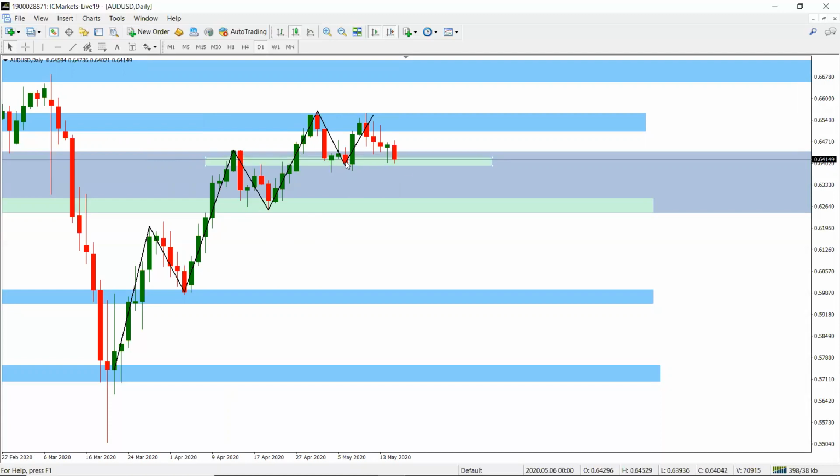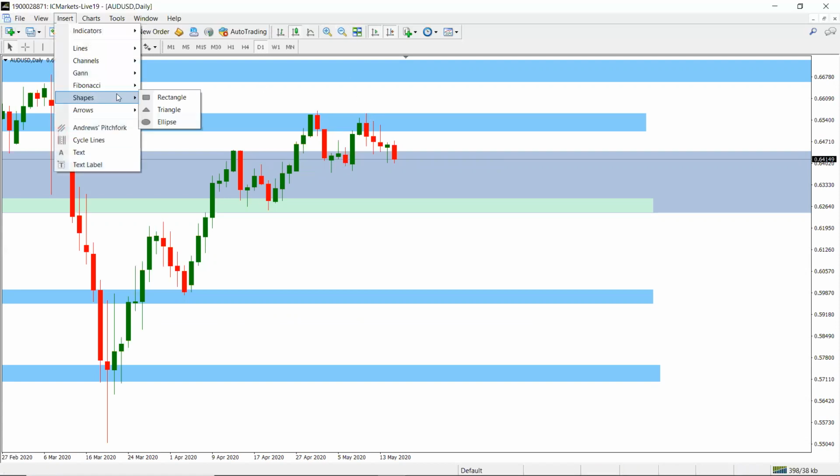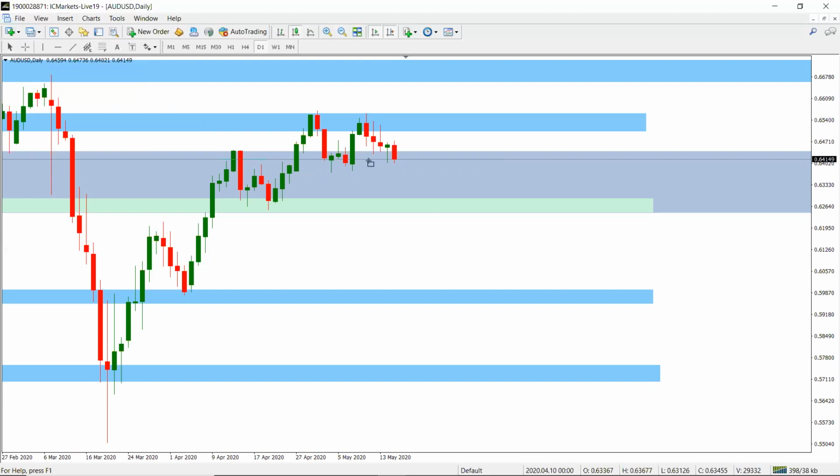Now, this is a very beautiful and interesting pair to watch for this week. Let's take this off and let's indicate the last higher low.